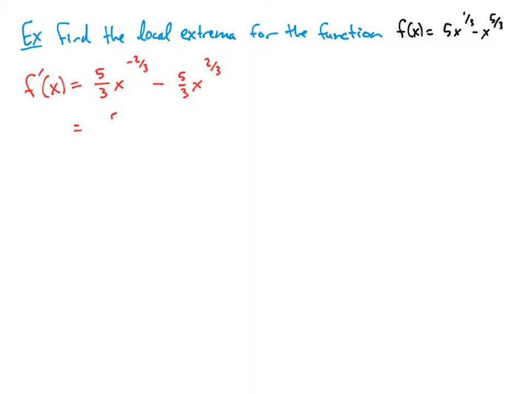So we're going to have 5 over 3x to the 2/3 minus 5 over 3x to the 2/3. And then I want to write this as a single fraction. So to get a common denominator, in each denominator I already have a 3, so I need to multiply the top and bottom by x to the 2/3.